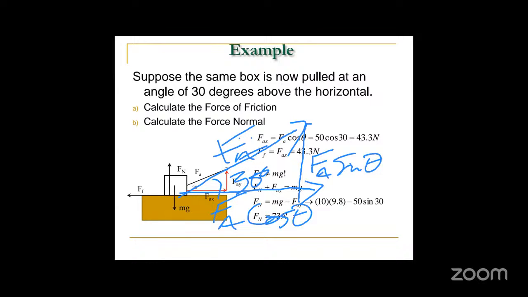What is Fa? Fa is the 50 Newton force that is applied to pull the box at 30 degrees. So the vertical component will be 50 times sine 30 degrees, while horizontally we have 50 times cos 30 degrees.